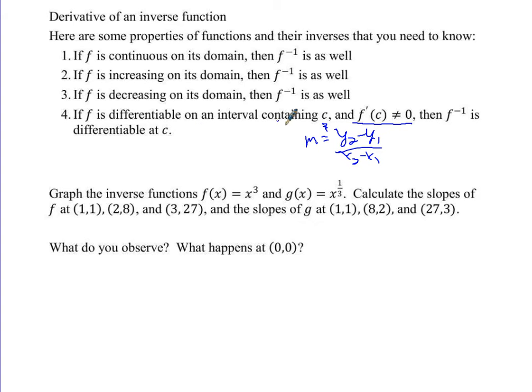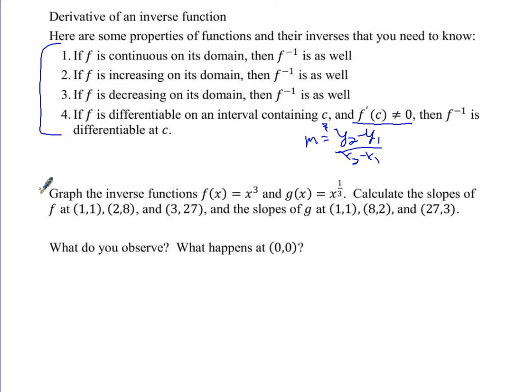So that's why this little rule is important. As long as you are not talking about a slope of 0, then you can take the derivative of the inverse at that point. Otherwise it would become a vertical slope. Okay, so better? All right, concepts, very important right here.